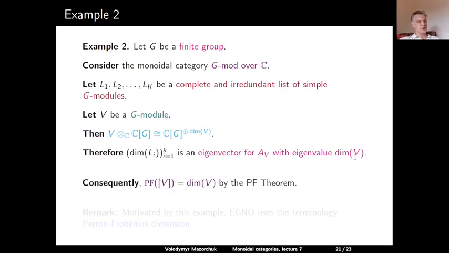So the Perron-Frobenius eigenvalue for the matrix AV is equal to the dimension of V. In fact, this example is a motivation that in the book of Agneau, the map PF is called the Perron-Frobenius dimension.